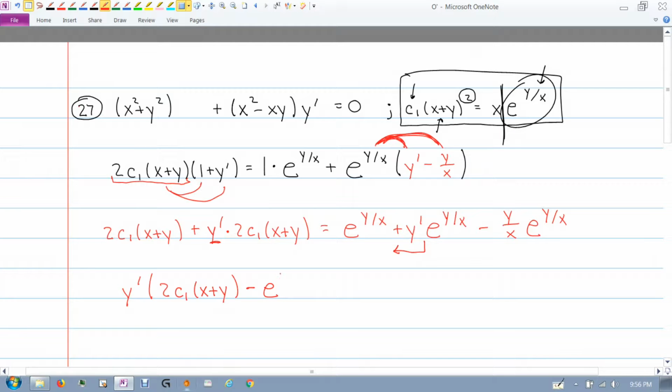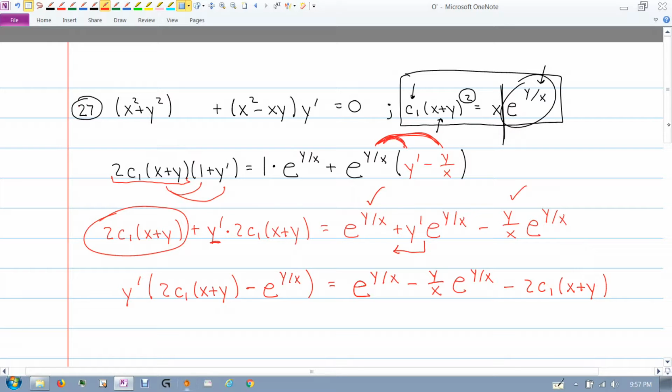So minus e to the y over x. So the y prime is taken out. And then what's left is the e on the right side, e to the y over x. That's this one. This one right here still needs to be there, minus y over x, e to the y over x. And finally, this piece right here needs to come to the right, so minus 2c1 x plus y, like that.